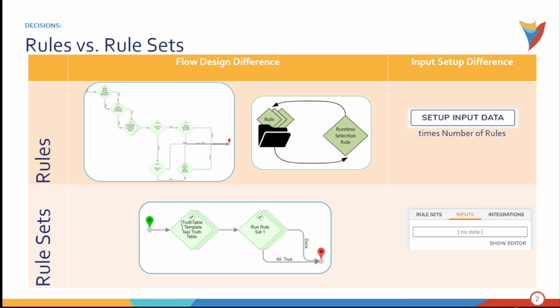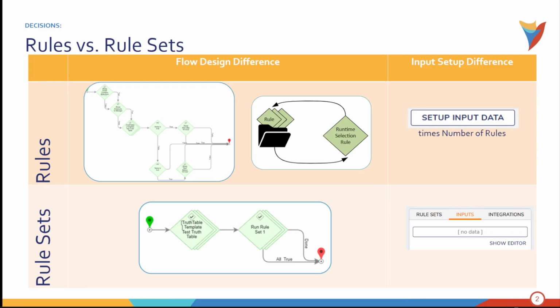Another thing to take note of is the difference in how inputs get set up. When you're setting up individual rules, if you're creating a bunch of different rules, you're going to have to set the input data on those rules every single time. Now, you could use a design pattern, if you're familiar with design patterns, so you don't have to reset those rules every time.